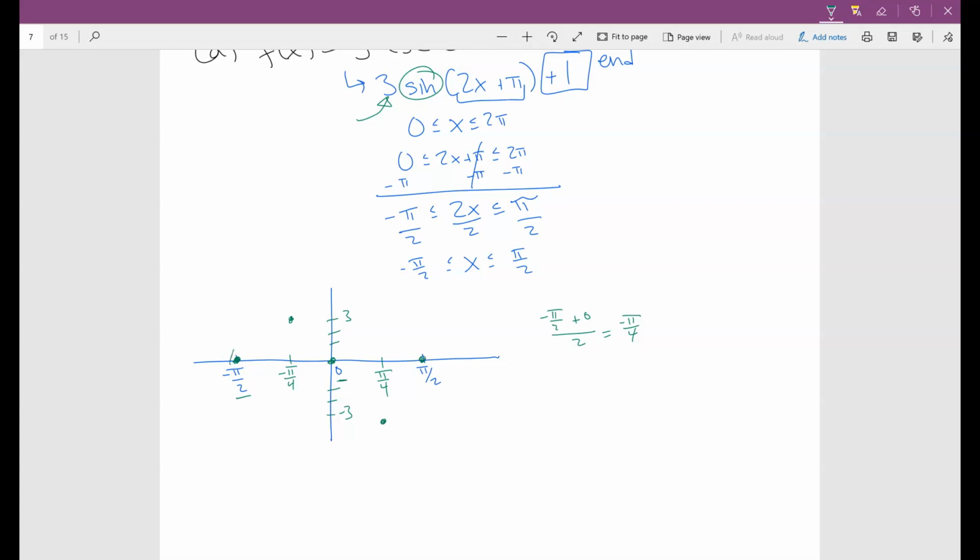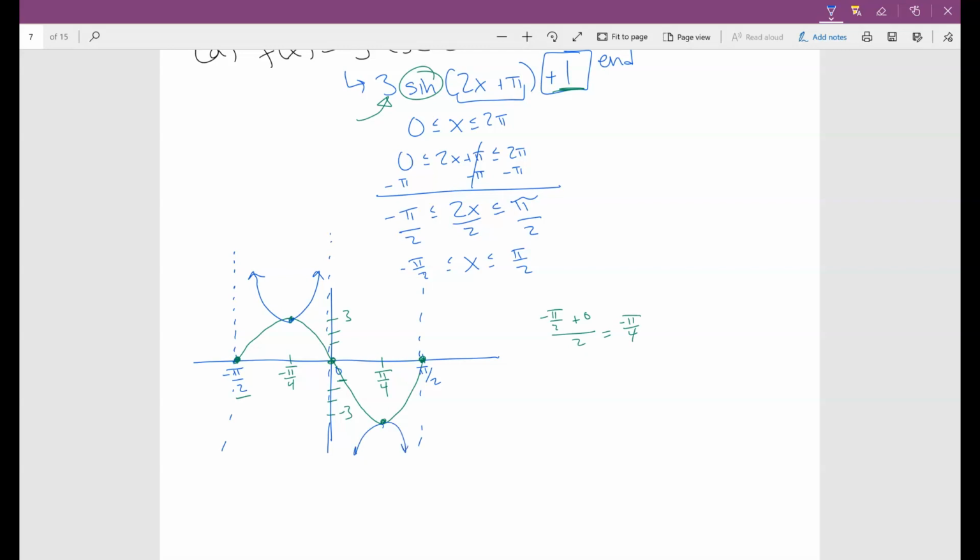The sine curve has the same shape, it's just going through different points. All right, now let's not do the 1 yet. Let's flip it first. So we're going to draw the asymptotes first. We have an asymptote right here, an asymptote right here, and an asymptote right here. And what we're going to do is flip everything over.